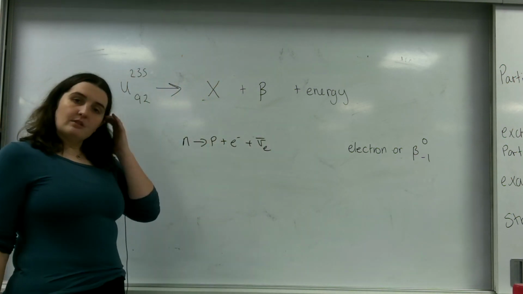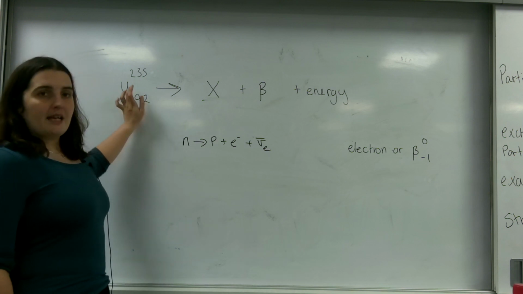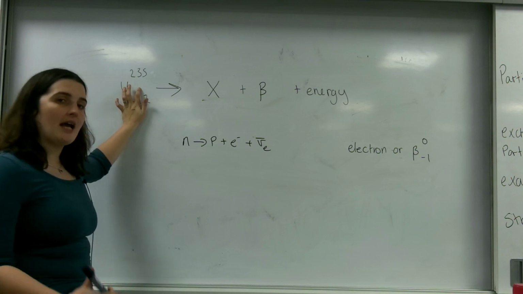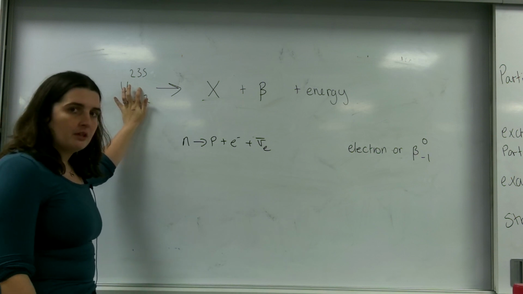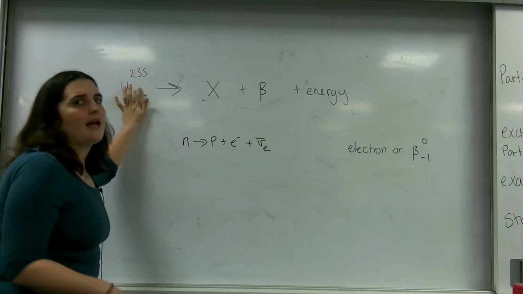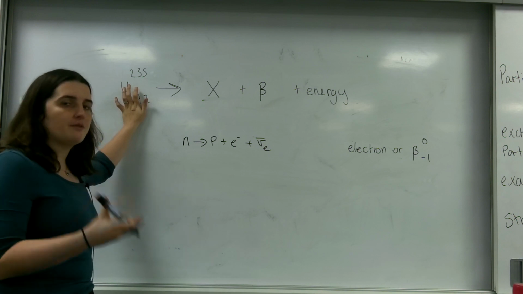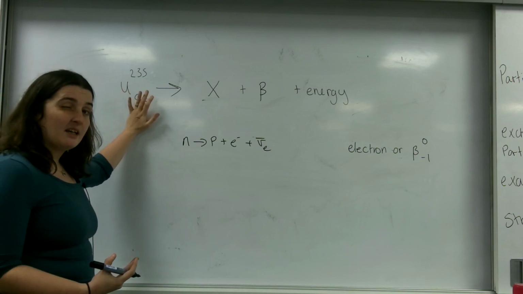But when we look at elements, what's going on is that a neutron inside of here is changing into a proton and an electron. It is important to know that this electron is not from the orbiting electrons at all. It literally is an electron that's coming from the nucleus of the atom. A neutron inside an element is decaying.